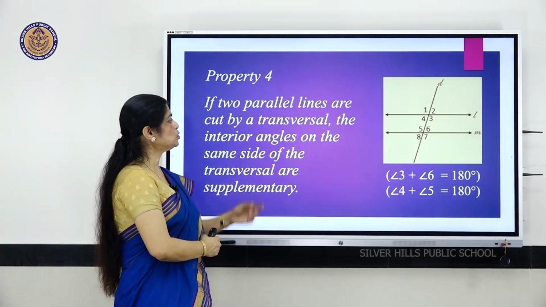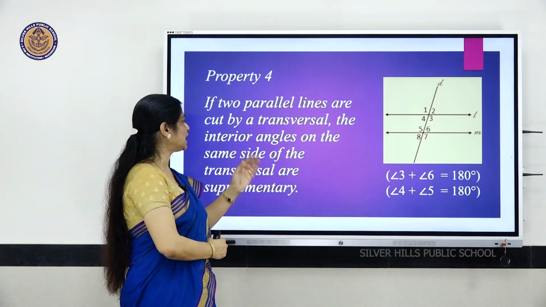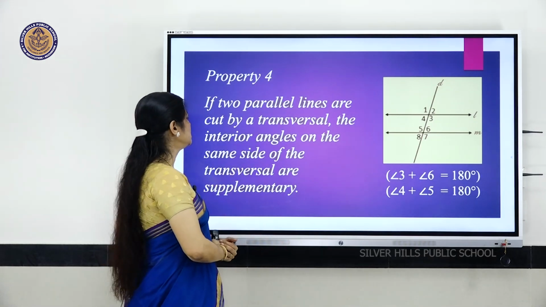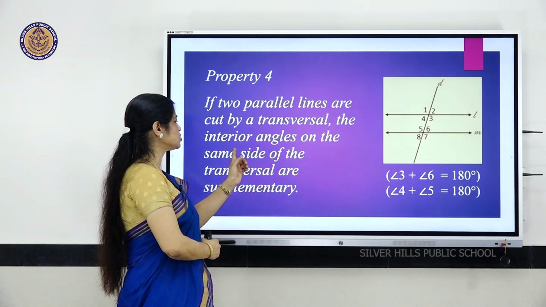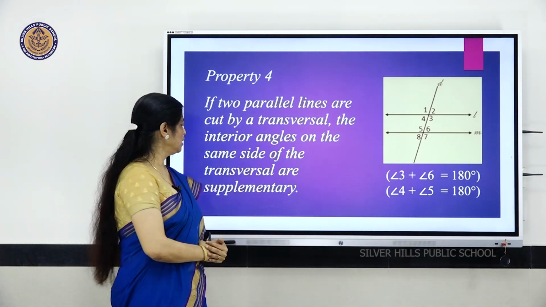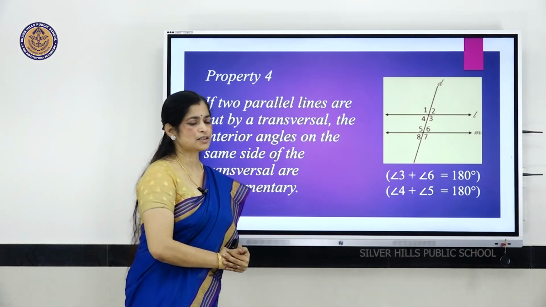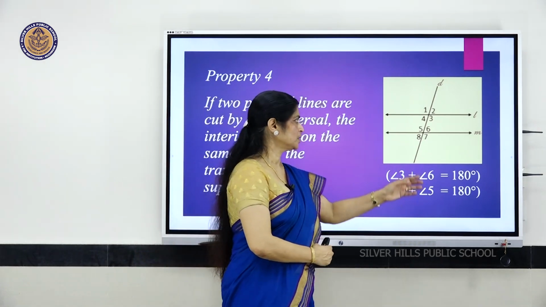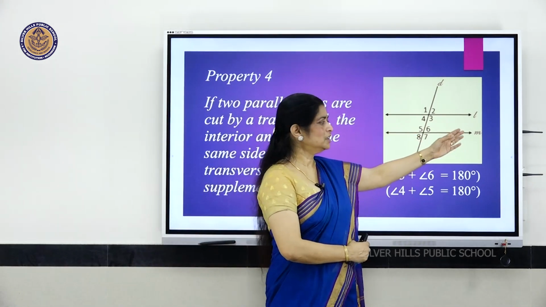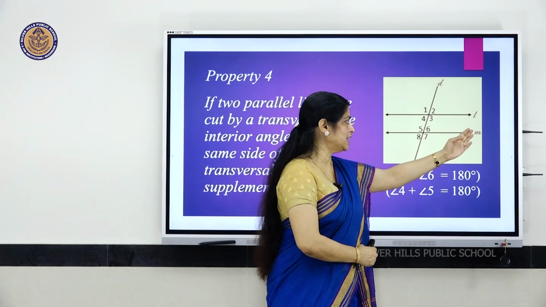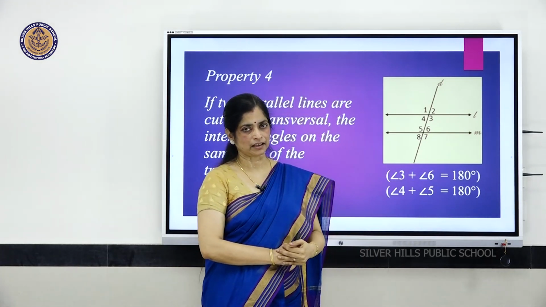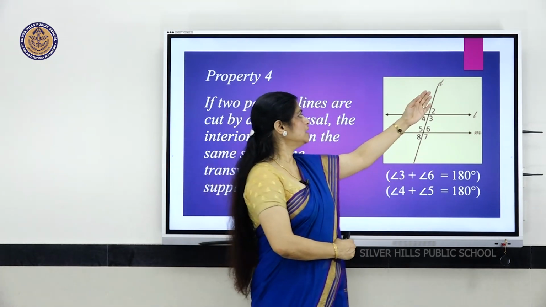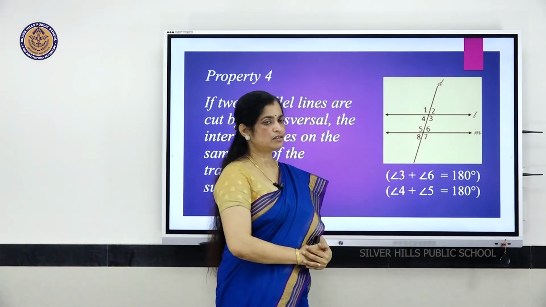Next is, if two parallel lines are cut by a transversal, the interior angles on the same side of the transversal are supplementary. Now, in the figure, line L and line M are parallel lines and D is the transversal.